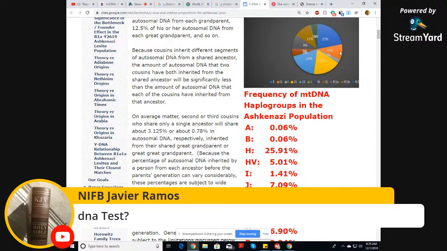So, because the I is closely associated with the J, it's very similar, or somewhat similar anyway. And it represents the lost tribes of Israel in Europe, or the Semitic population in Europe, which is probably Israel that spread out into Europe.